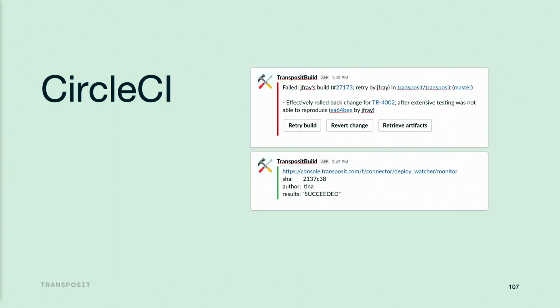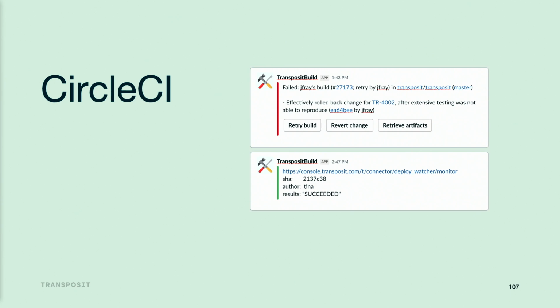And we've walked through this example already with CI/CD systems and developer builds, but I'd like to go through a more concrete example. So at Transposit, we use Circle CI as our system, but unfortunately, the default Circle CI integration is pretty weak. All it allows you to do is configure a channel and notify you of success and failures.